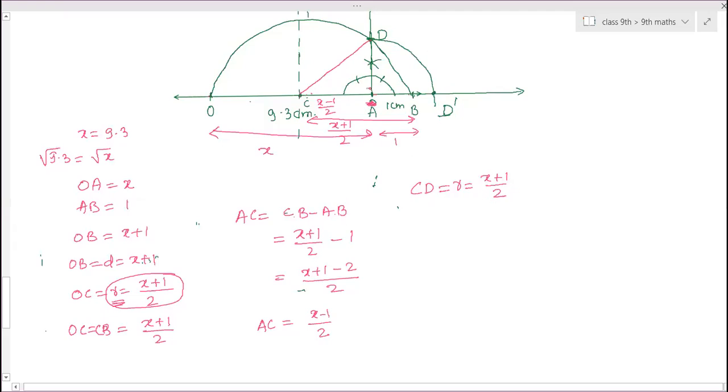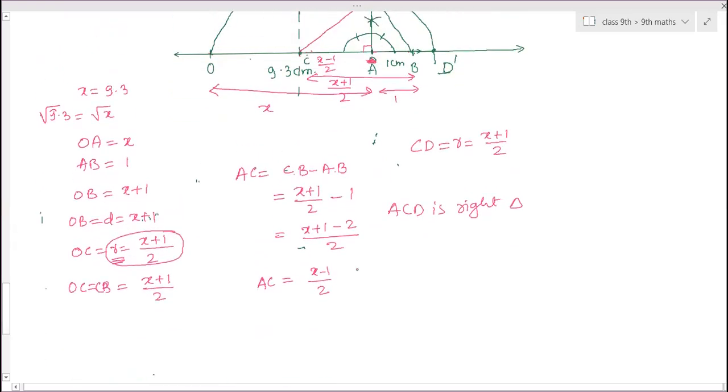Now angle A is 90 degrees. ACD is which type of triangle? Right angle triangle. So we can apply the Pythagoras theorem.